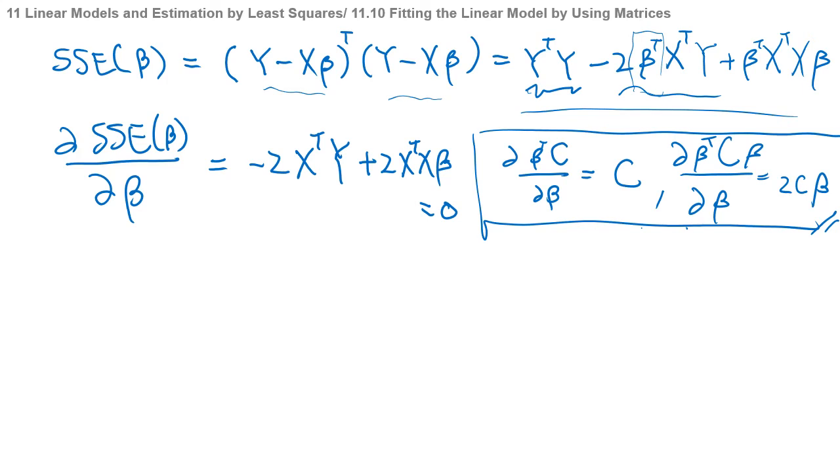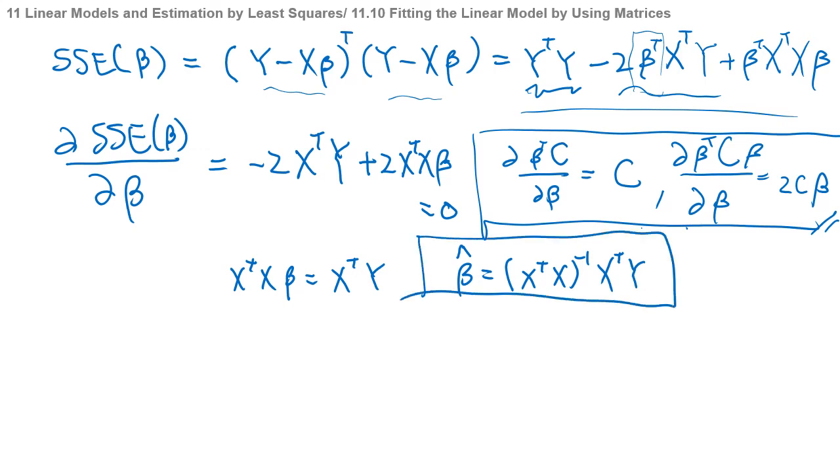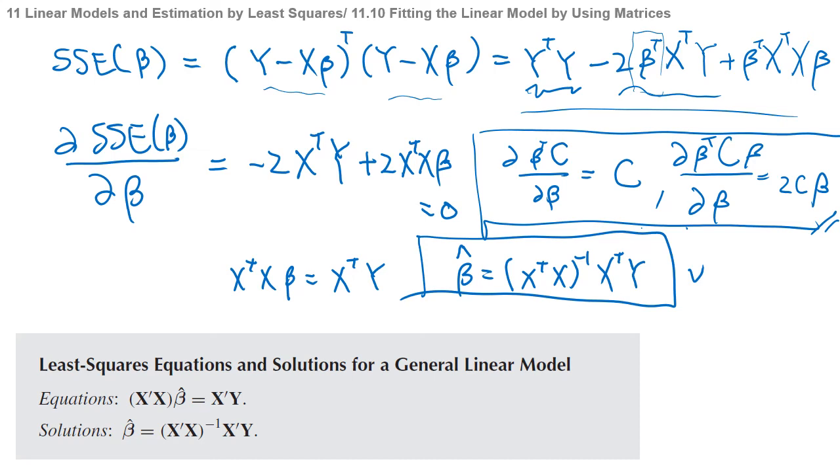So this part becomes X transpose X beta equals X transpose y, and you can solve it with respect to beta, which is (X transpose X) inverse X transpose y. So this is your solution. Okay, so for least squares estimation for a general linear model, the equation is this thing and the solution is this thing.